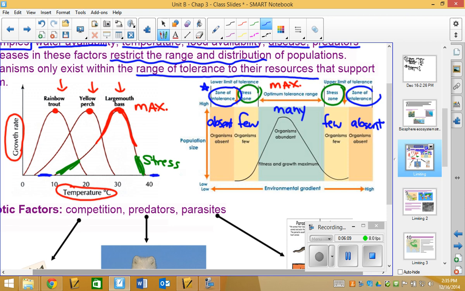So this isn't something that you have to memorize. Like, I don't want you to memorize which temperature is the optimum for a yellow perch. That's just an illustrative example to show you what an actual graph with actual values would look like for the very general example that's on the right.